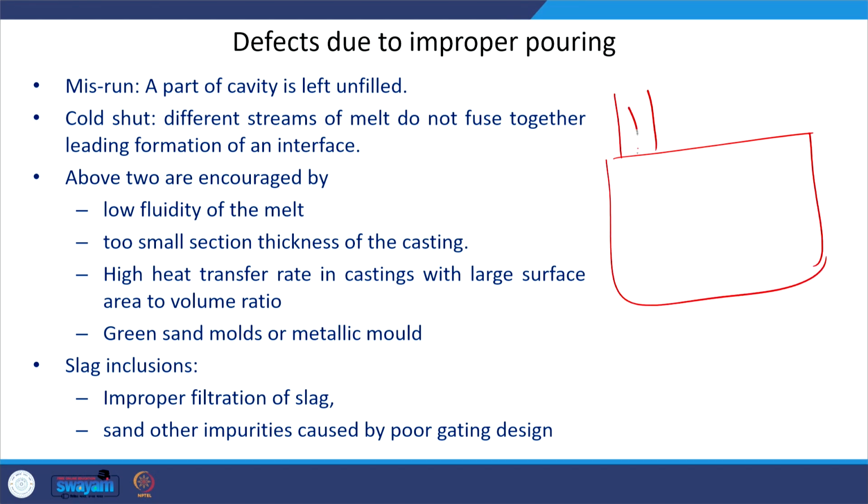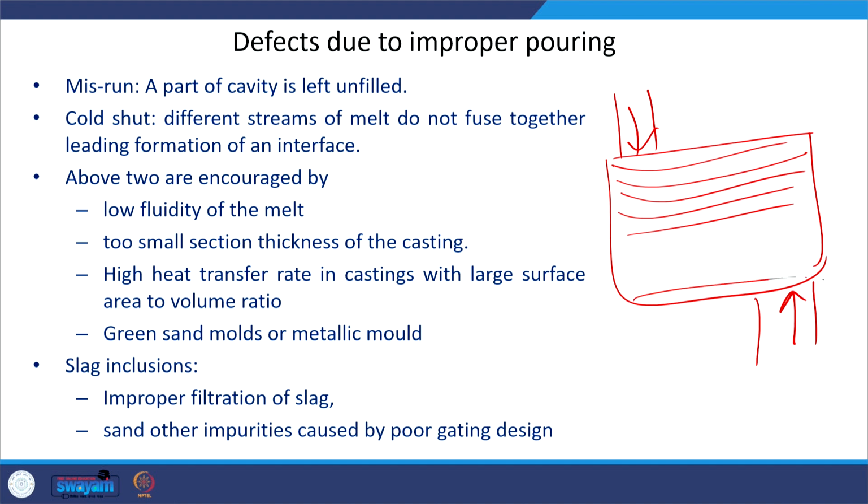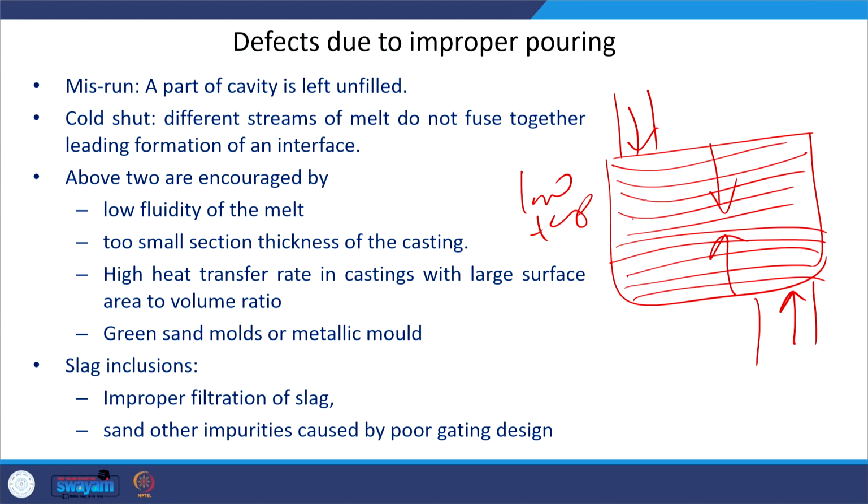And the cold shut is a kind of defect where, in large size castings, the molten metal is being fed from different directions, like say these two different directions. So, the molten metal stream will be coming from the two sides. In the meantime, if the heat is extracted very rapidly and the two streams of molten metal coming from the different sides are of very low temperature, then they will not fuse together and will leave behind an interface between them.